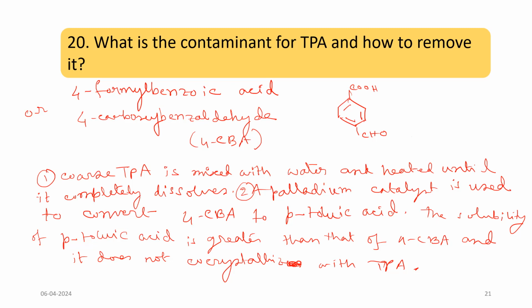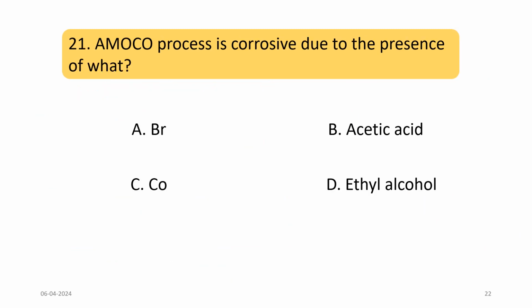Since p-toluic acid is more soluble and does not co-crystallize with TPA, we can separate the TPA from it. Next question, the Amoco process is corrosive due to the presence of what?